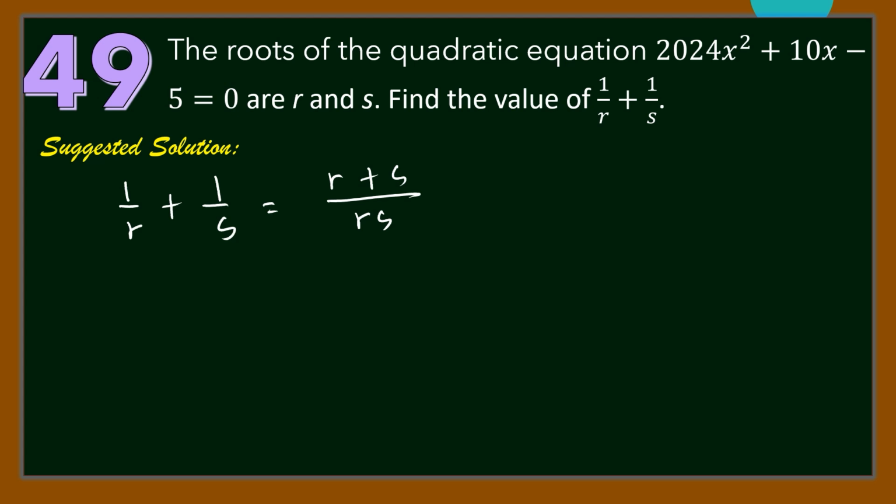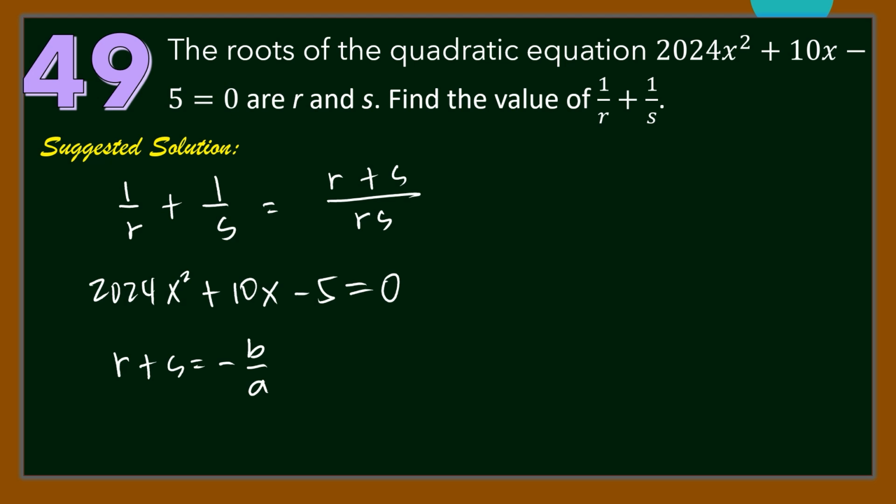From the quadratic equation 2024x squared plus 10x minus 5 equals 0, we know that the sum of the two roots is equal to negative of b over a. Hence, from the quadratic equation, we have negative of 10 over 2024.